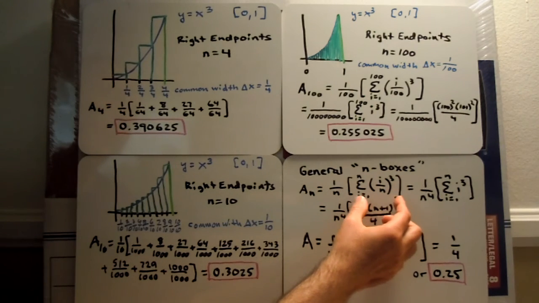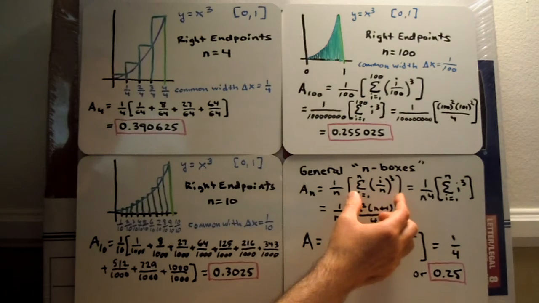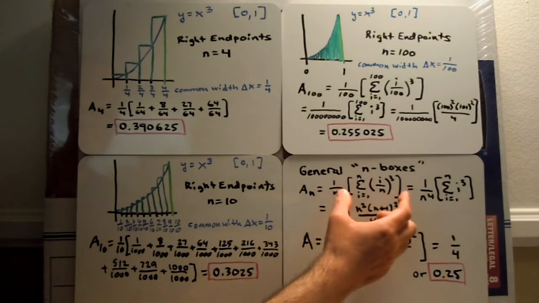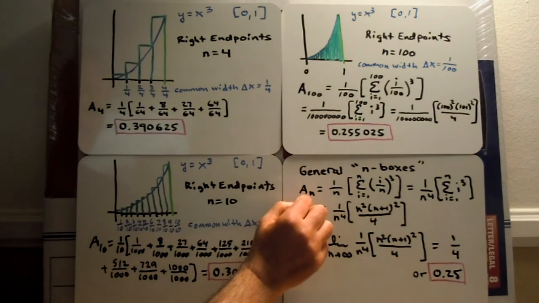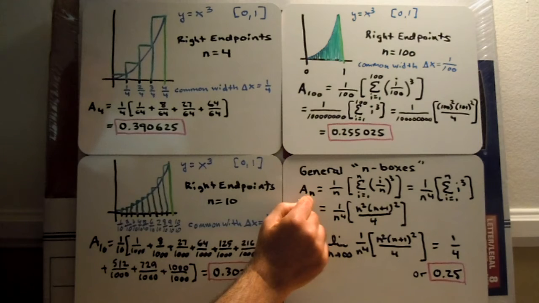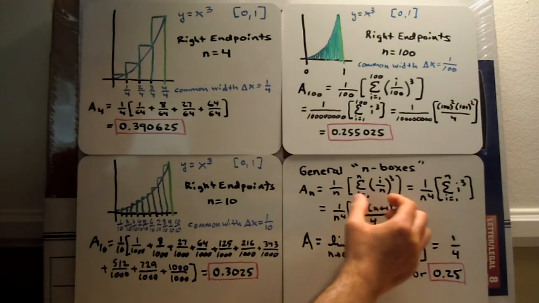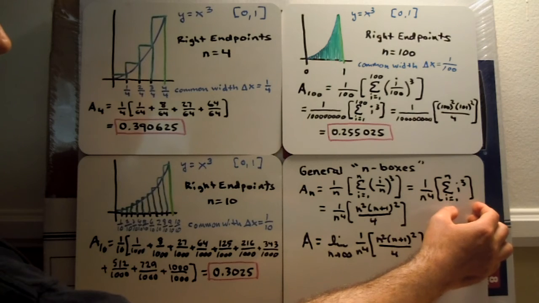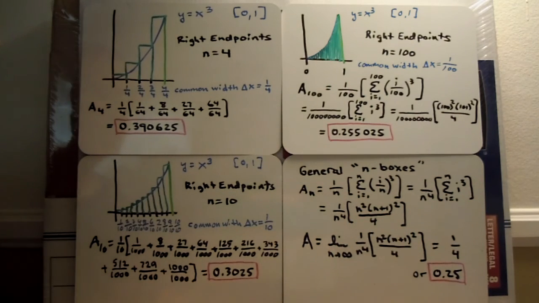And so this is the sum of the heights of any number of boxes being added together. Add those up, multiply by the common shared width of each of the rectangles, and we've got a formula for finding the area with any n number of boxes, whether it's 4, 10, 100, 700 boxes, 1,000 boxes, 1 million, a billion. And then we can compute that with our formula for the sum of i cubed being n squared, n plus 1 squared over 4.